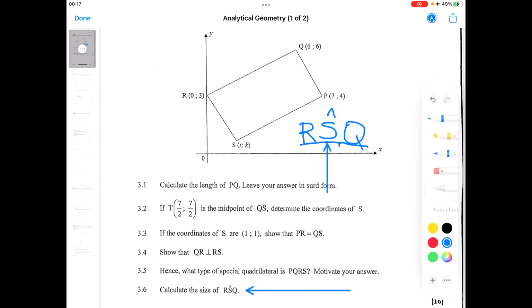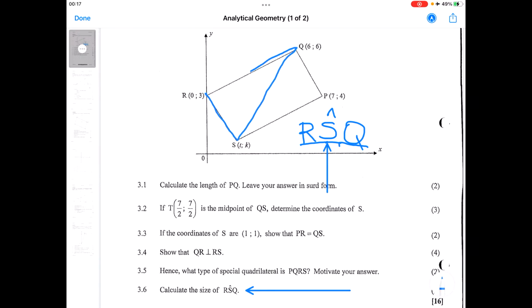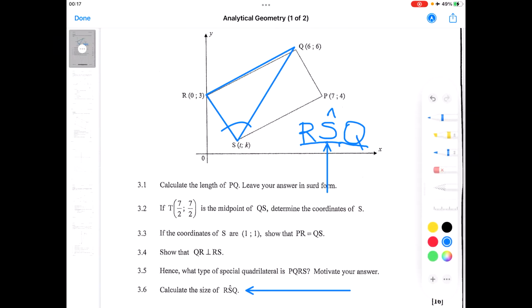RSQ. So it's more like from there then to there. Can you see? This is the triangle that the examiner is talking about, and the angle that they want you to calculate is angle S. Something interesting. You did show that you are having a 90-degree angle there, which means you are having a right angled triangle. Very, very important, ladies and gentlemen, on that one.